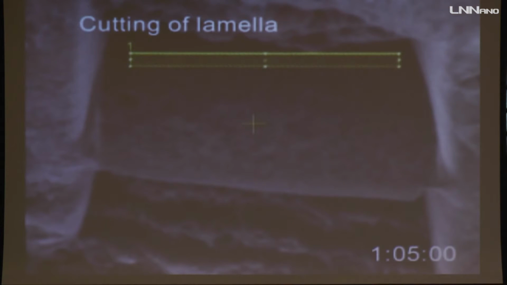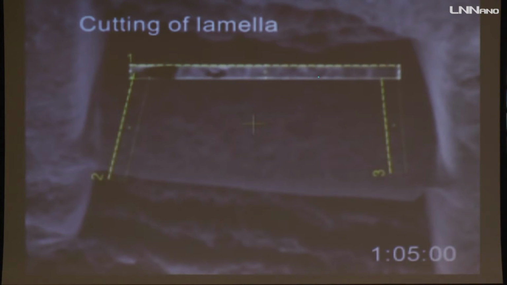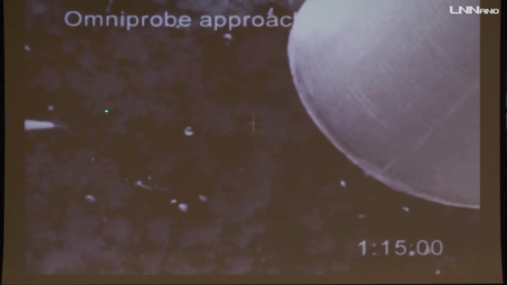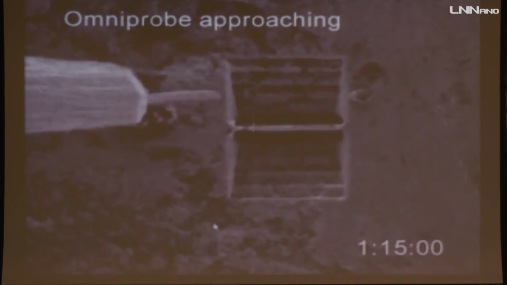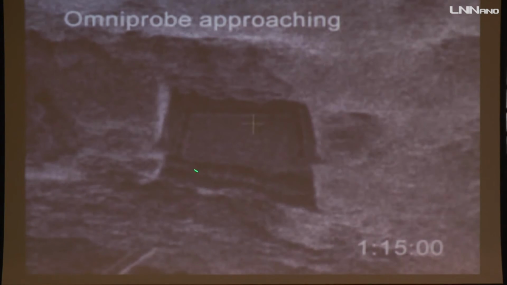Then you need to make all the geometric changes in the sample. You prepare here the cutting of the lamella. You have a very small lamella, and then you cut in this way, looking at here to the extraction. Then you have a nanomanipulator. You have a very, very small tip that you put by the side of your lamella.